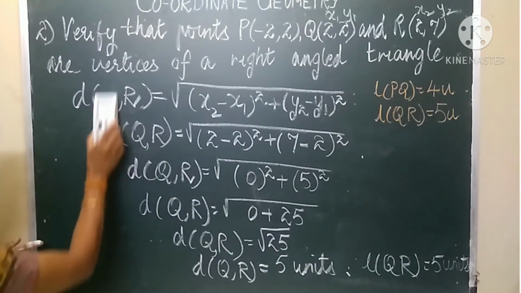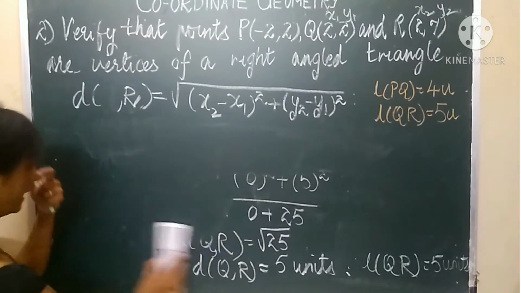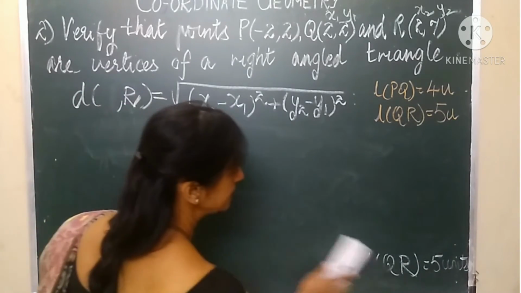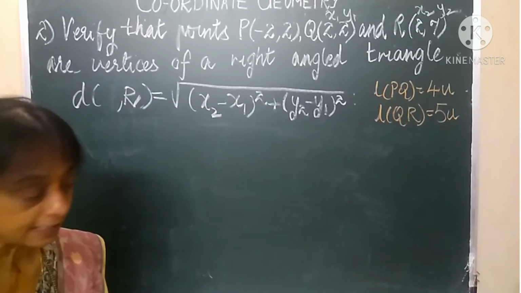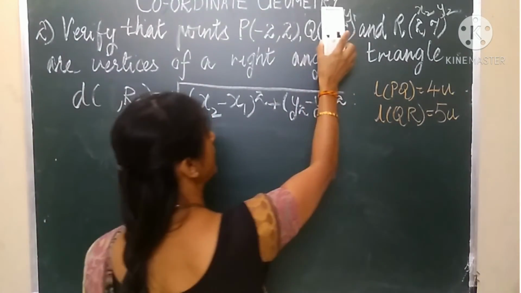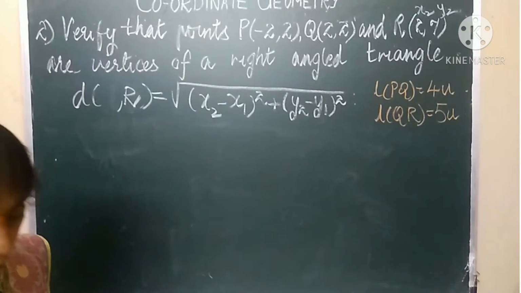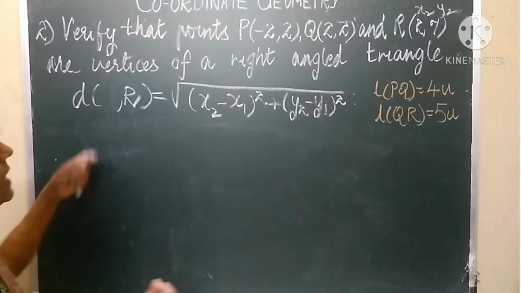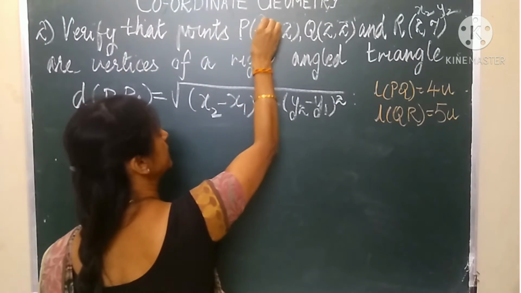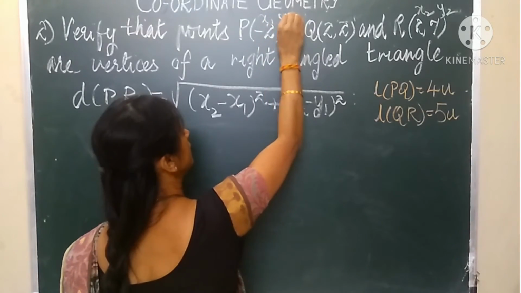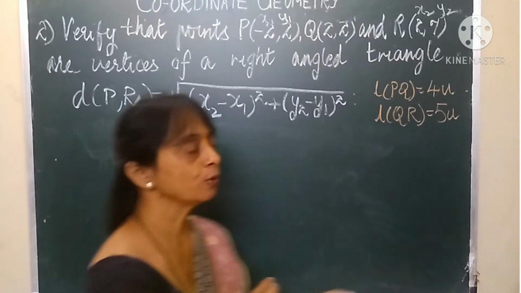So again with the same formula, which gives us square root of x2 minus x1 the whole square plus y2 minus y1 the whole square. Let's not forget to assign the values of x1, y1 and x2, y2. What is x1, y1 now? As we are taking point P, the coordinates of P will be x1, y1 and the coordinates of R will be x2, y2.